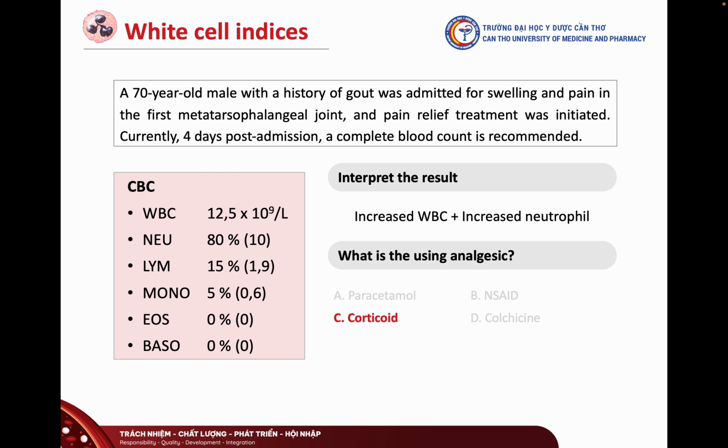So here is the clinical pearl. Not all neutrophilia means infection. In some cases, it could be a medication effect like corticosteroids. That is why we always correlate the lab result with the clinical context and the treatment history before rushing to a conclusion like sepsis or starting antibiotics unnecessarily.